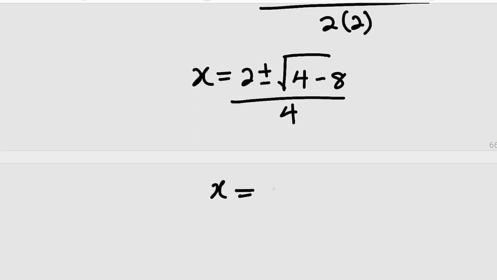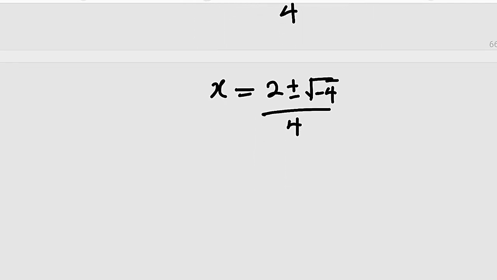x is now equal to 2 plus or minus the square root of what? Negative 4, divided by 4. The square root of negative 4 is 2i. So x is equal to 2 plus or minus 2i, divided by 4.